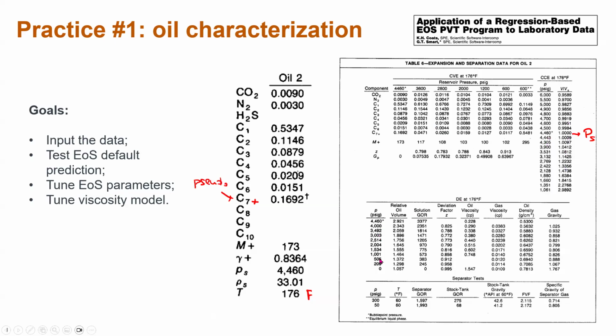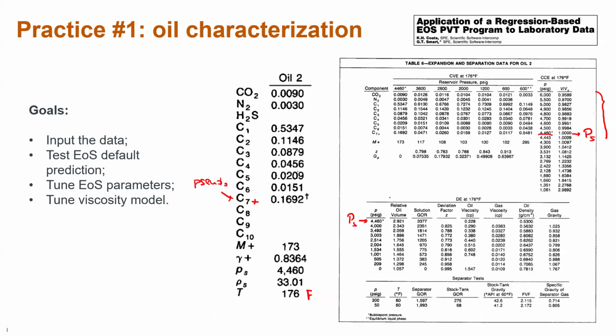You have pressure, however all the pressure levels are below the bubble point. This is the bubble point, the same value. During this step there is no composition variation. During this step, the composition is varying. So you are reducing the pressure and the oil is shrinking.